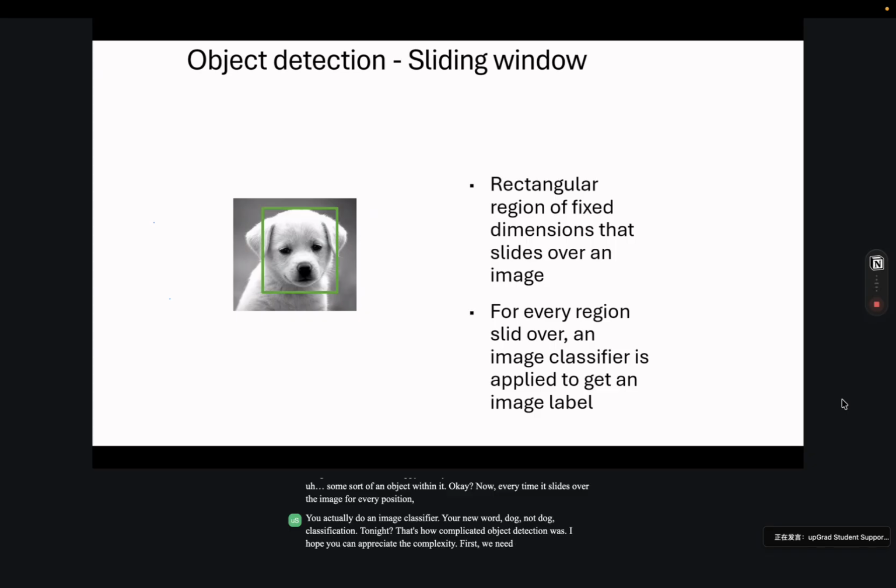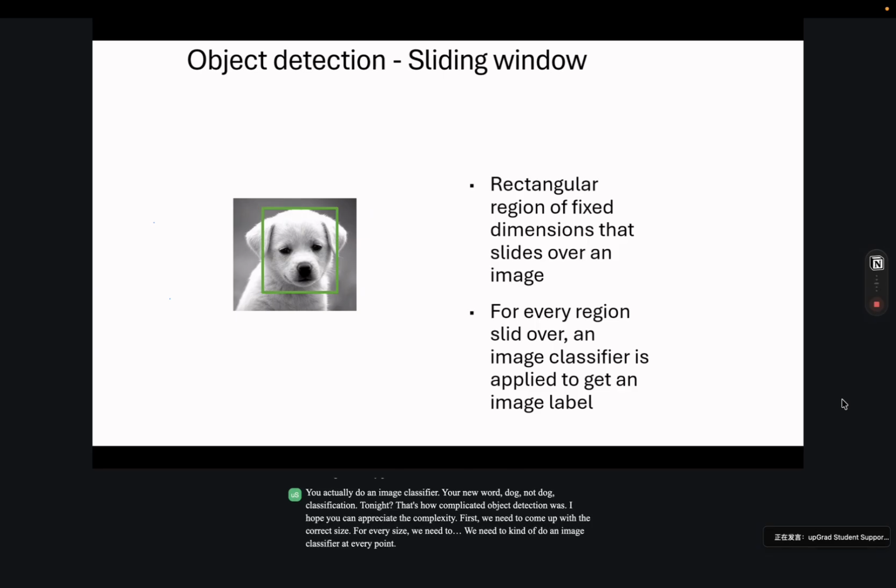First, we need to come up with the correct size. For every size, we need to run an image classifier at every point, using SVM and all the traditional ML that we actually did, right? Detect edges, build a model, do a dog versus not dog classification.